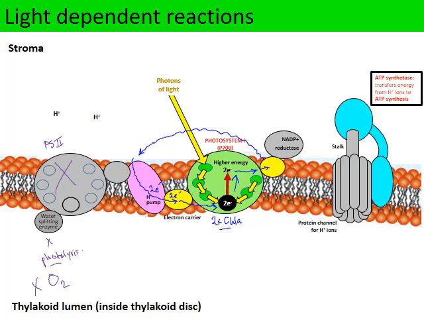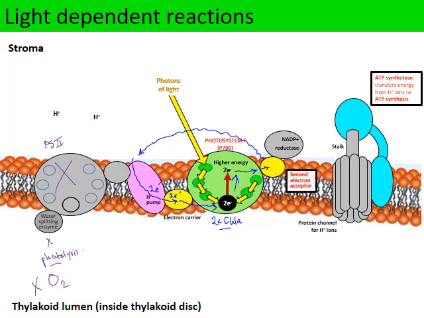Once the low energy electrons have replaced those from chlorophyll A, light energy is once again absorbed by chlorophyll A, as well as the accessory pigments that pass on excitation. The two electrons become raised to a higher energy level, and they get picked up by the second electron acceptor. That's mobile. It carries the electrons to the start of the ETC. They pass through the proton pump, and they go back to the reaction center.